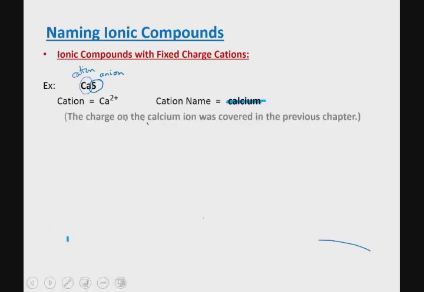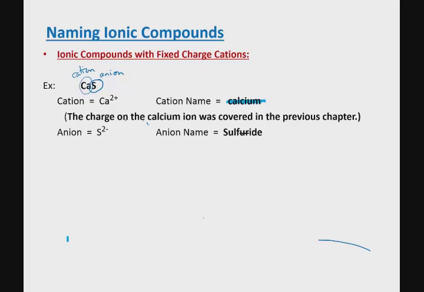Let's now talk about the name of the anion. The anion in this case is sulfur with a charge of 2 minus. Now there are two different ways of figuring that out. One, of course, is directly from the periodic table. We know that sulfur is in group 6A. It's a non-metallic element, so it will need to accept 2 electrons in its valence shell to satisfy the octet rule. Hence the charge is 2 minus.